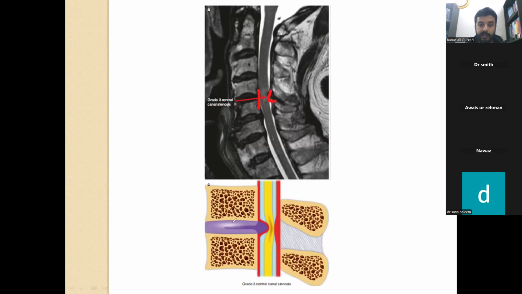What is compressing it anteriorly is the herniated disc, but at the back we can also see a depression, which shows there is compression from the back as well, caused by the thickening of the ligamentum flavum. The most posterior portion of the canal is occupied by the ligamentum flavum, and thickening of the ligamentum flavum can also compress the cord.